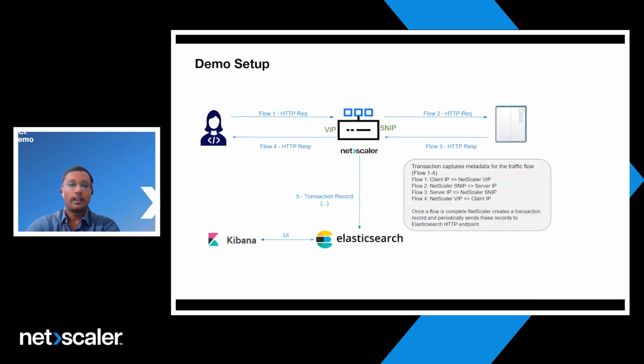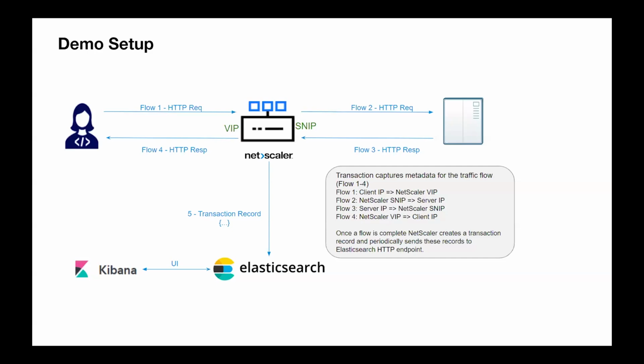Right. Going forward, this is the demo setup. You have a NetScaler which is in front of an application, and a user connects to NetScaler to access that application. If you look at a user accessing any application, there are 4 flows associated with it.